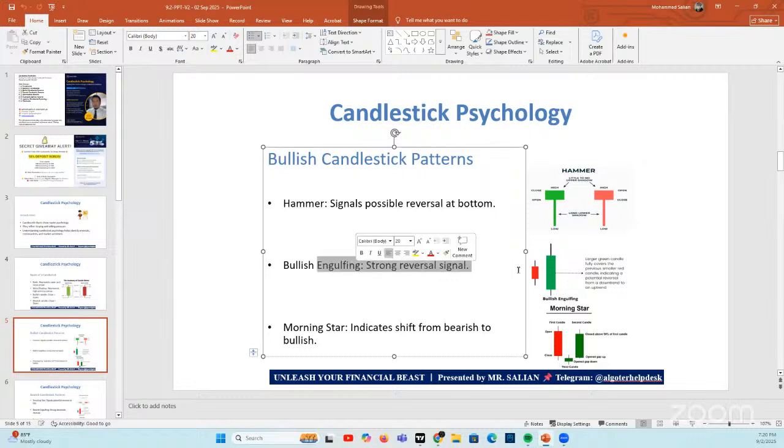And when we see this kind of pattern, we place our long positions after that and just ride the trend on that reversal. Very easy, right? And lastly here for bullish candlestick pattern example is our morning star.